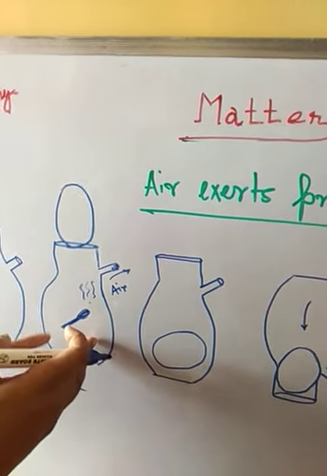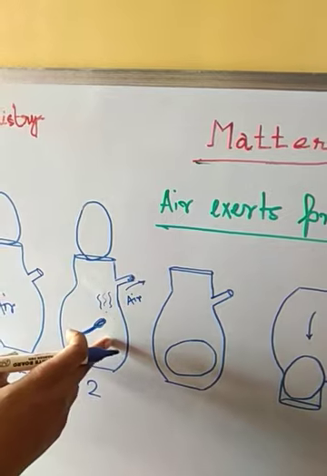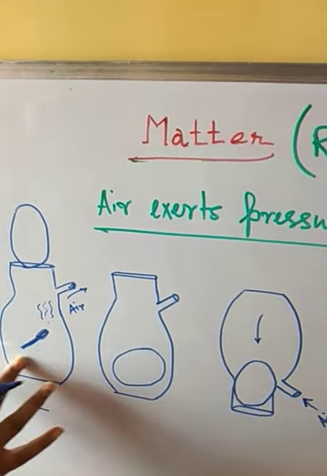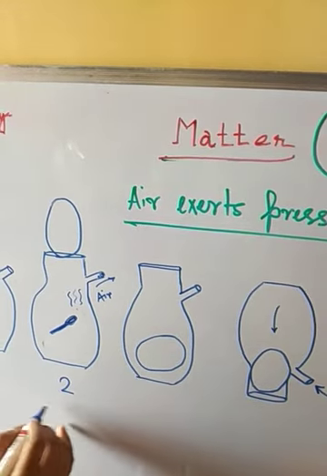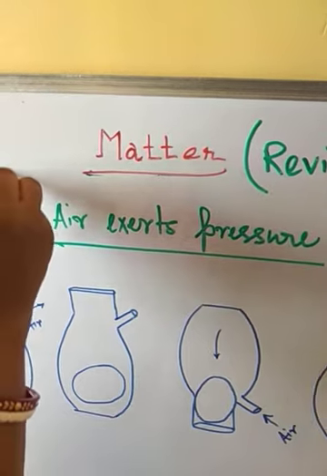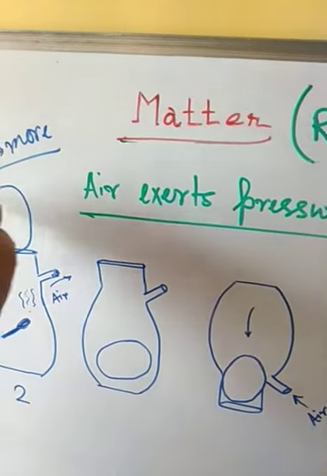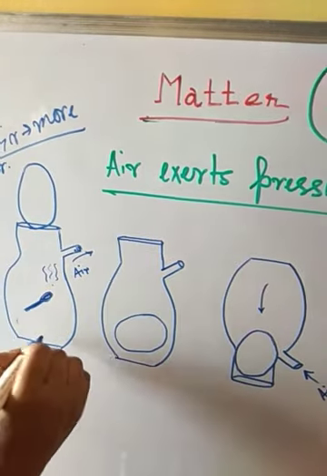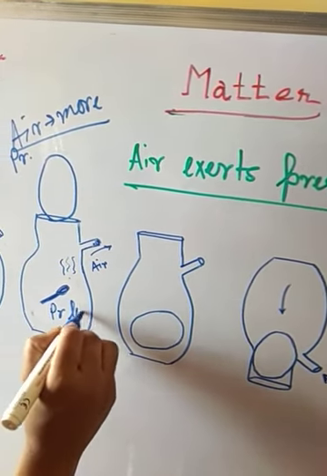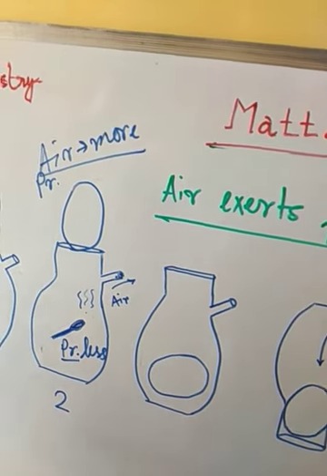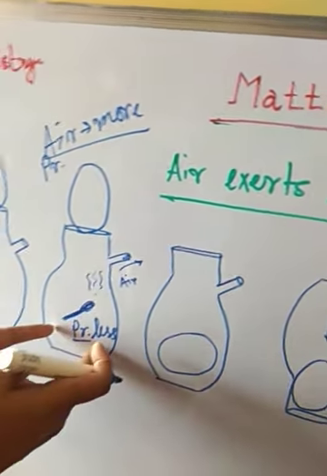Now at this stage, the pressure inside the bottle is less, and the air pressure is more outside of the bottle. Inside the bottle the pressure we are writing as P_r in short form. So here pressure is less inside the bottle, and outside of the bottle the pressure is more.